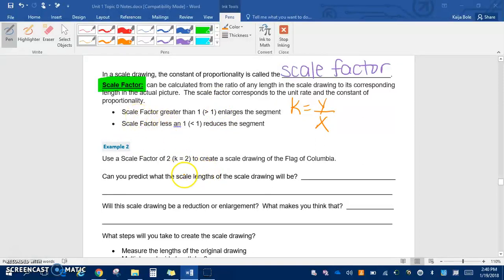If the scale factor is less than 1, that means it's going to reduce the picture or the segment. So hopefully, that makes sense. If it's greater, it enlarges; if it's less, it reduces, so we can remember that. But do put a star here. This is important for you just to be able to check as you're working as we move along in the topic.